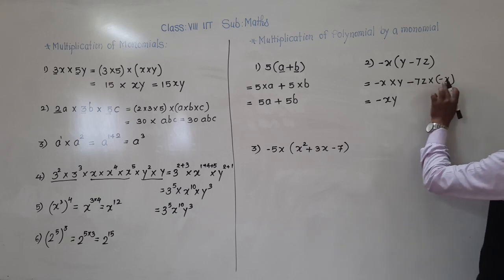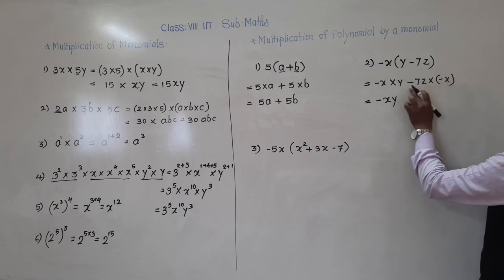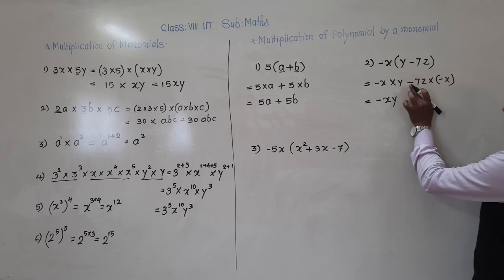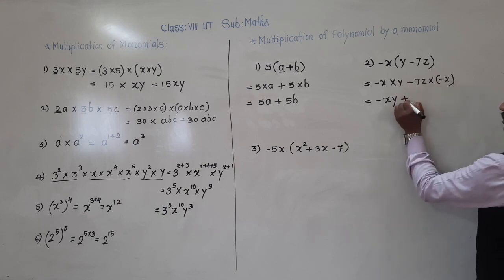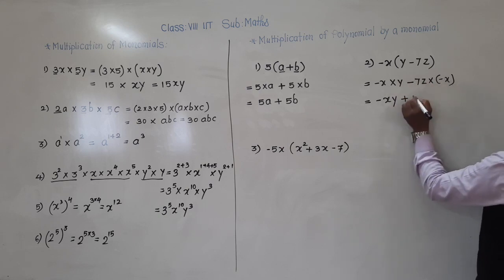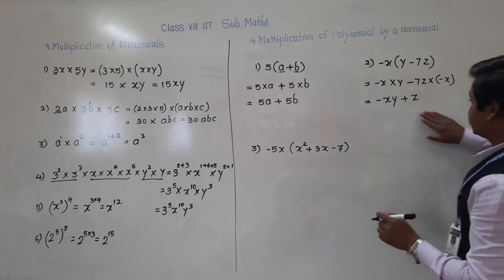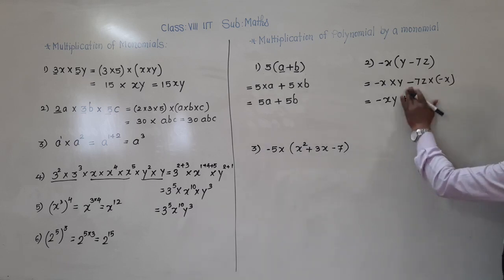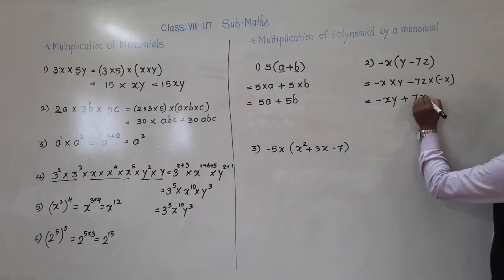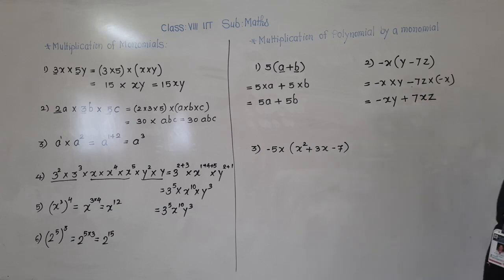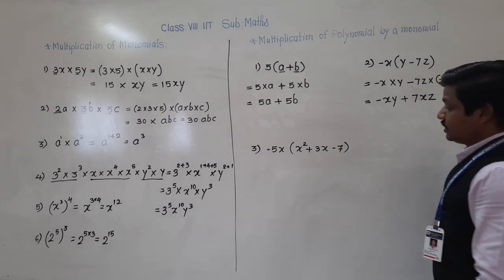And minus 7z into minus x: first think about the sign, minus minus is plus, 7z into x, 7xz. This will be your answer.